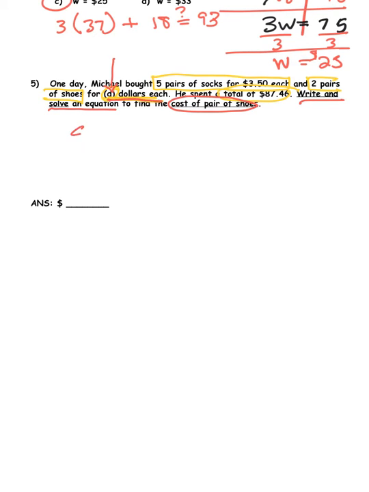So our equation would look like this. Let's start first of all by acknowledging that we do know the cost of the socks. There's 5 pairs of socks and they cost $3.50 each.